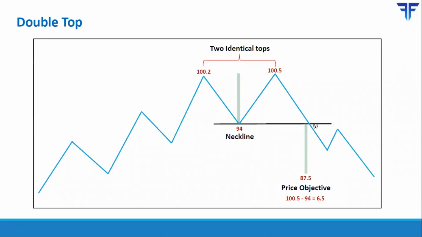Once the neckline breaks, you could sell, and this will be the minimum price objective of the pattern, the vertical distance between the peak and the neckline, which is then subtracted from the neckline to arrive at the minimum price objective. We will talk about stop losses later towards the end of this presentation. So for now, just focus on the price objective.